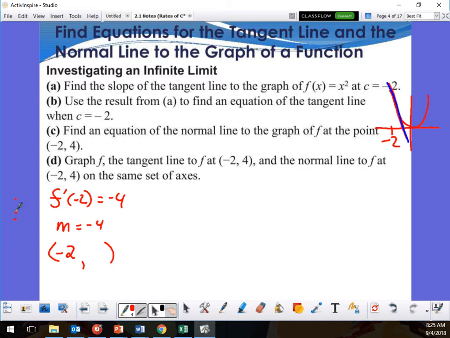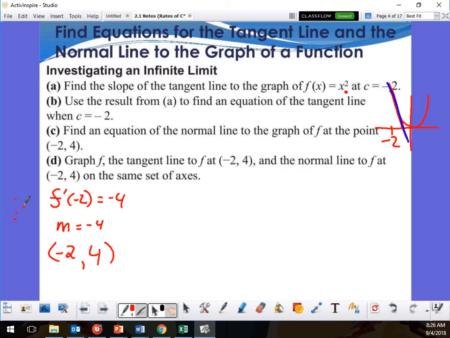Do I know the y value? What's the y value going to be? No. Remember, the y value is just going to be your f of c right here, right? It's the f of c. So I'm going to take my -2 and plug it in right here, so I get a 4, positive 4.